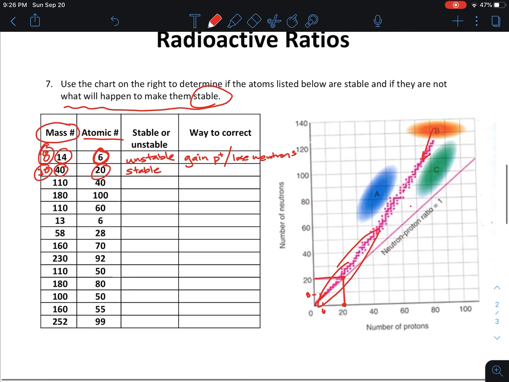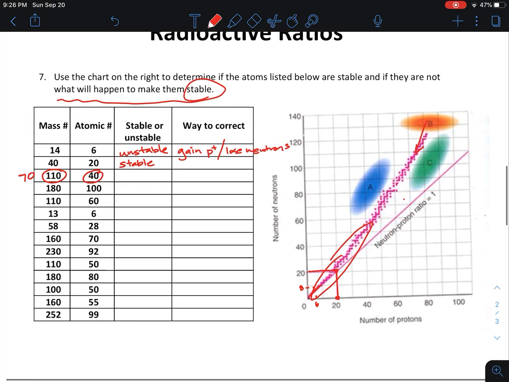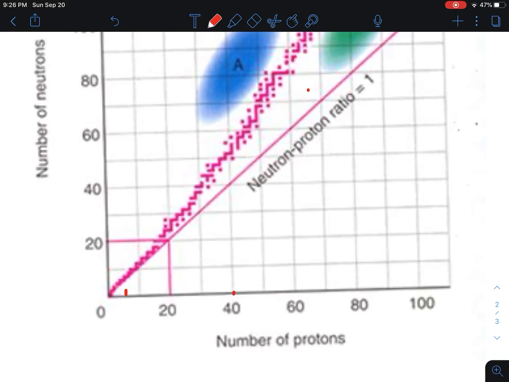The last of the three I'm going to go through, and then I'll let you guys do the rest, is this 110 and 40. In going through this, 40 is the number of protons. The atomic mass, or mass number, is 110. So I can figure out the number of neutrons is 70. So using 70 neutrons and 40 protons, let's see where I'm at here. I have 40 protons.